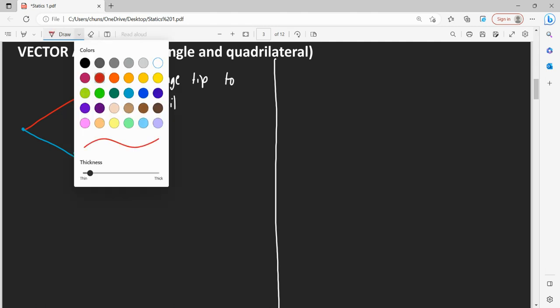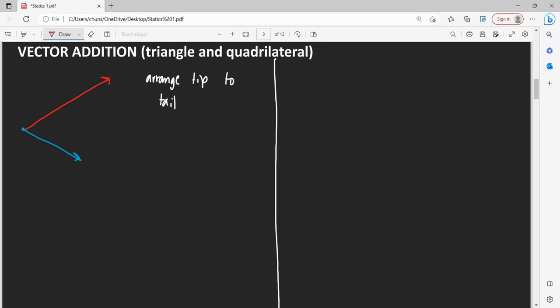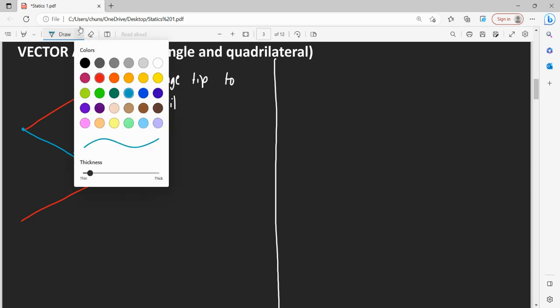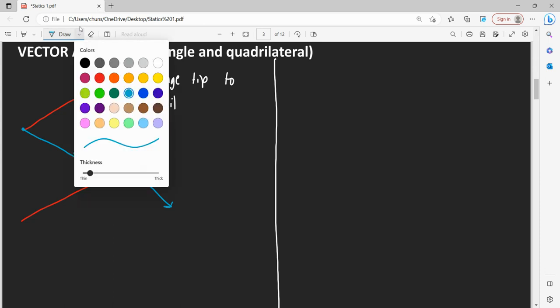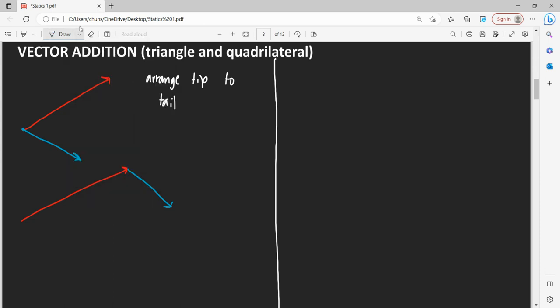So we have to move these around a bit. So if we have a red one here, that means we'd have to take our blue one and slide it up to meet the red one. So the tail is aligned at the tip of the first one. So if we treat red as our first one, blue is our second one.